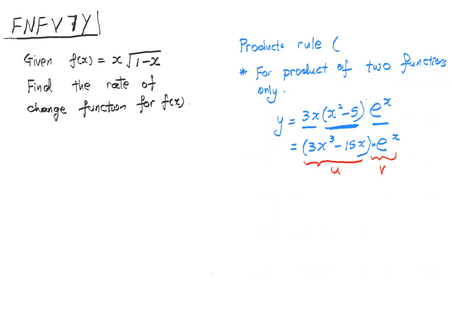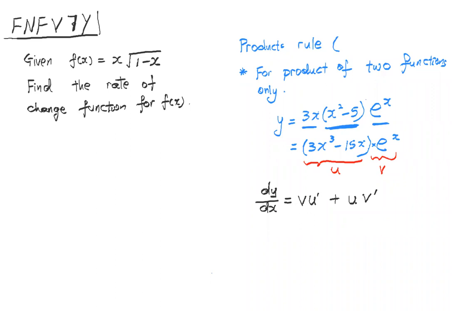Product rule means if I want to find the rate of change of this function, I have to use function v times the rate of change of function u, plus, multiplication always relates to addition, function u multiplied by the derivative of function v. So this is the rule. So now your job is to substitute in.